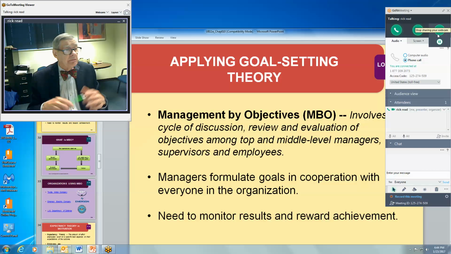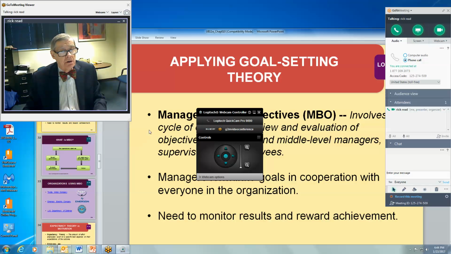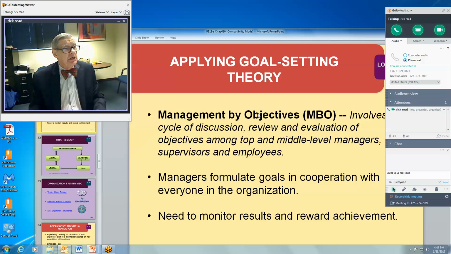Obviously, we have to monitor what's going on. There's some complaint about this, and the complaint is that because there is an emphasis on the goals and the objectives to be achieved, they sometimes take on greater importance than the organization's mission, goals, and objectives.